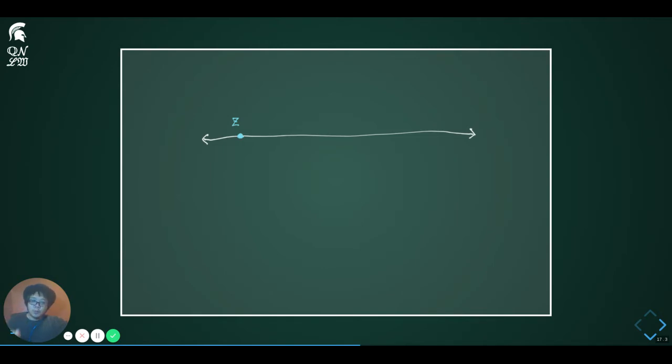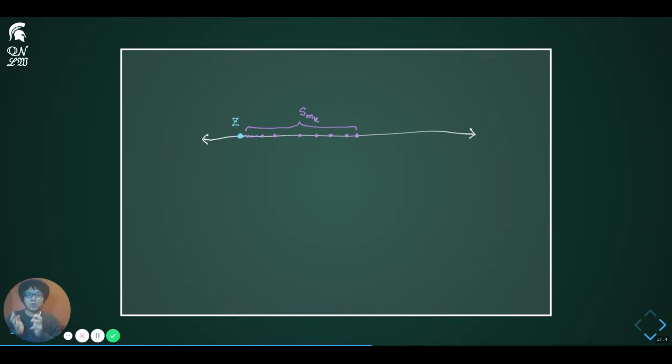Before writing down the proof, it is illustrative to see what actually is happening pictorially. Here, I drew the real number line in white. In blue, I denoted the point z. Our hypothesis says that z is a subsequential limit of some sequence s sub m.